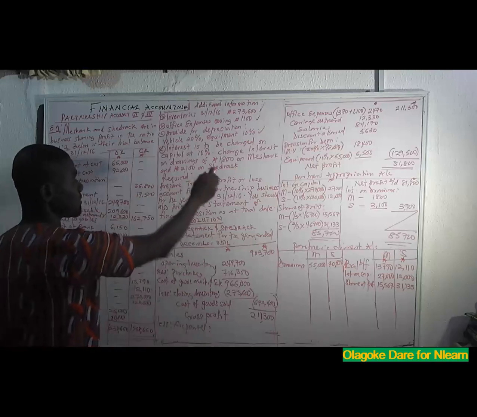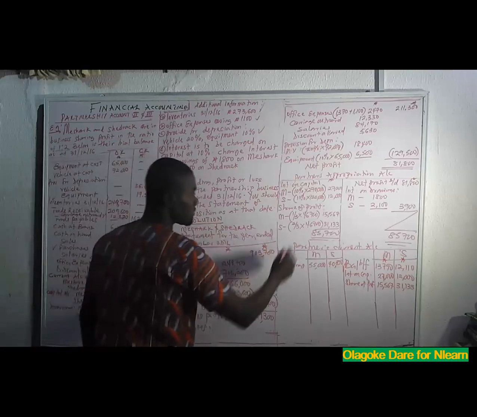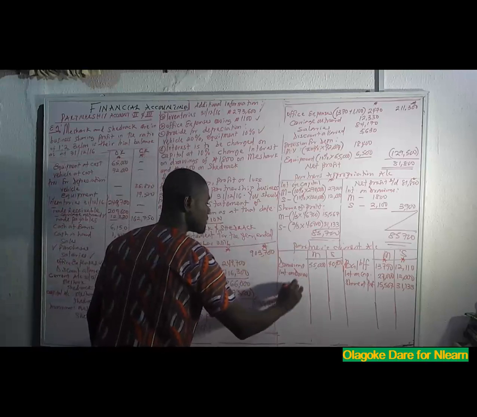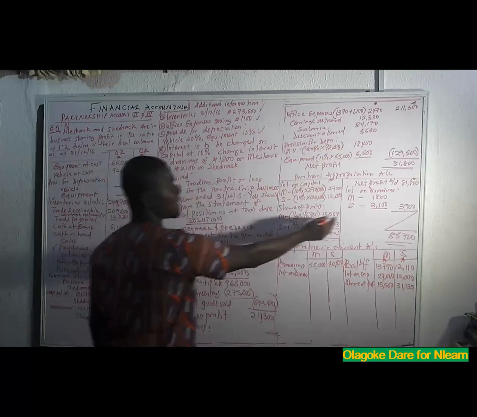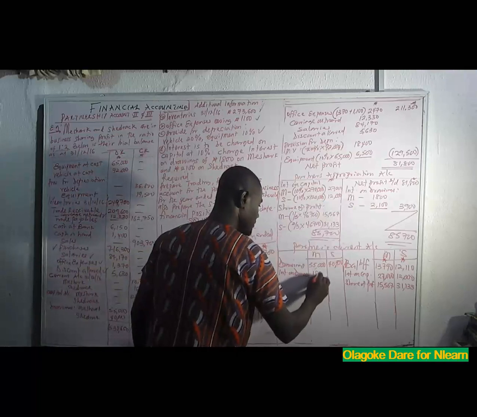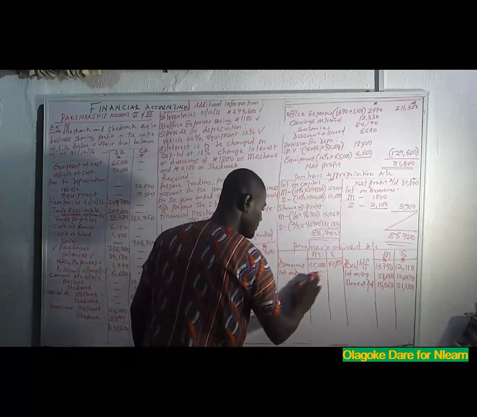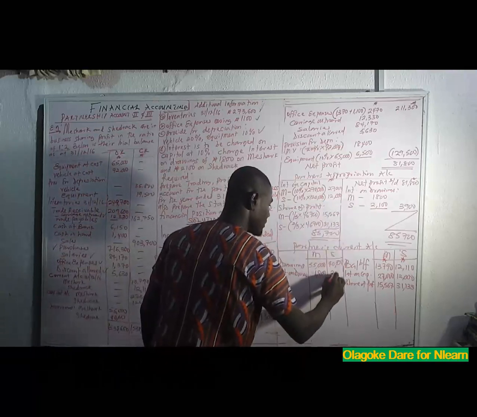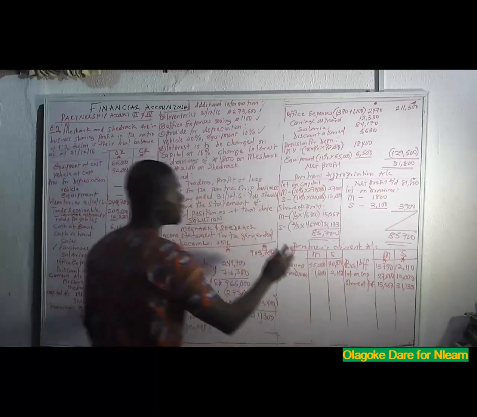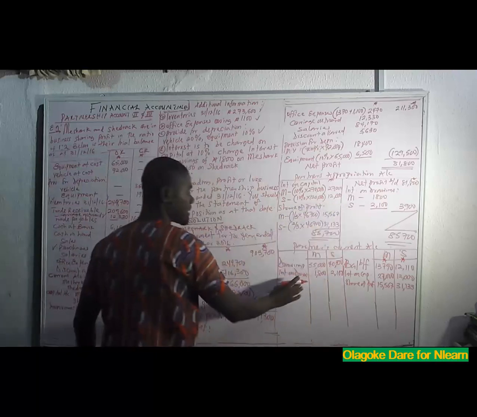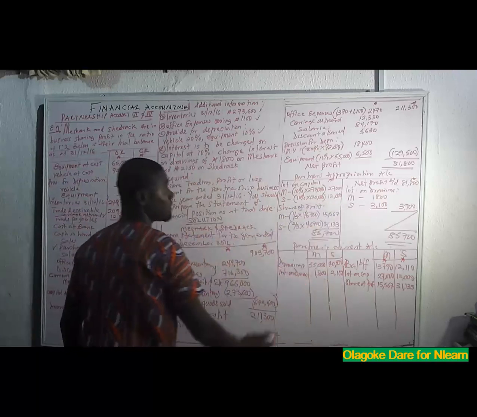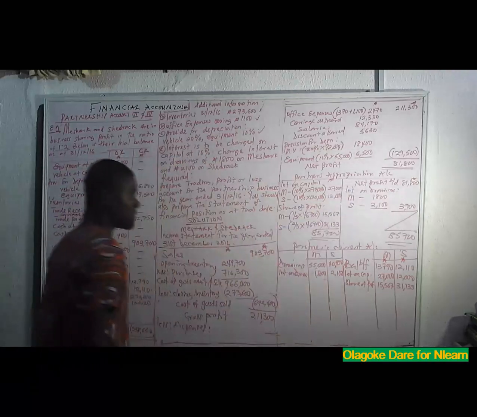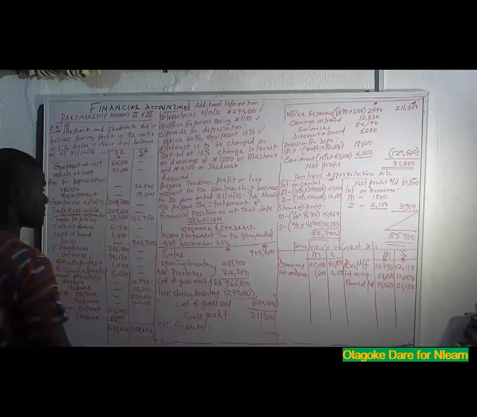Okay, this is interest on drawings. So our interest on drawings, we have it 1/8. We have 2,100. Please note, drawings will not appear in appropriation. It will appear in your capital account, in your current account, and interest on drawing will appear in your current account.